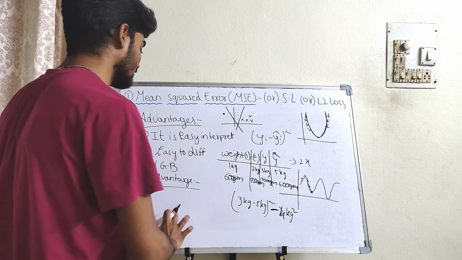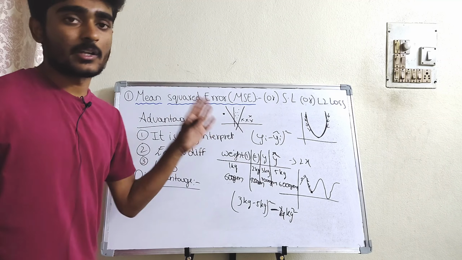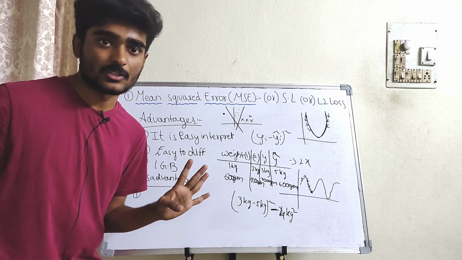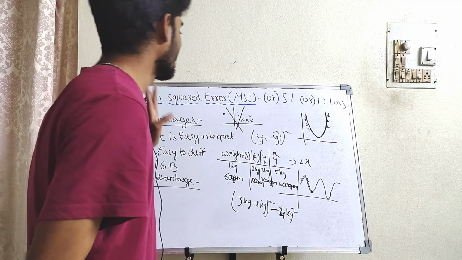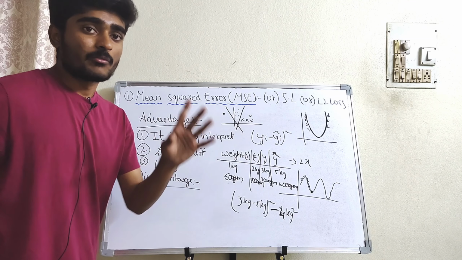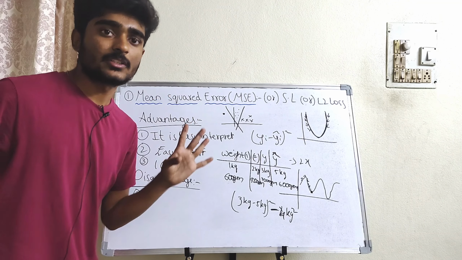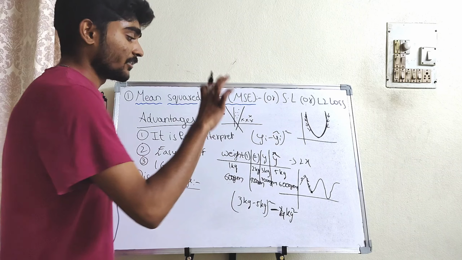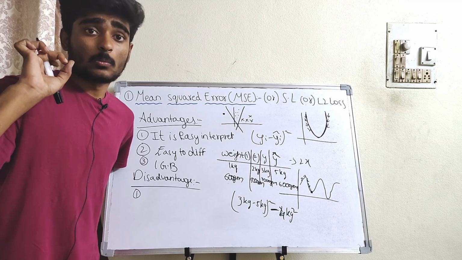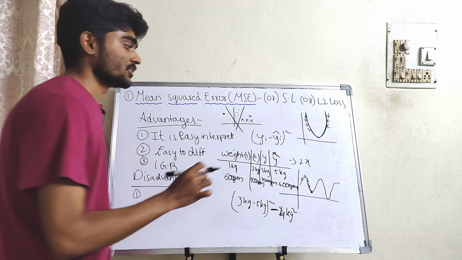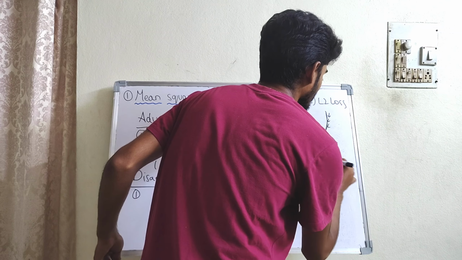These are the two disadvantages of the mean squared error loss function. One thing I forgot to tell you is that while using the mean squared error loss function, the activation function in the output layer must be a linear activation function. Let's say this is a neural network.